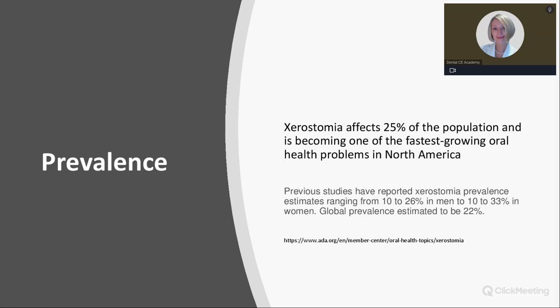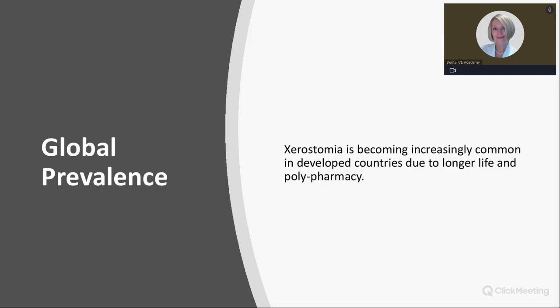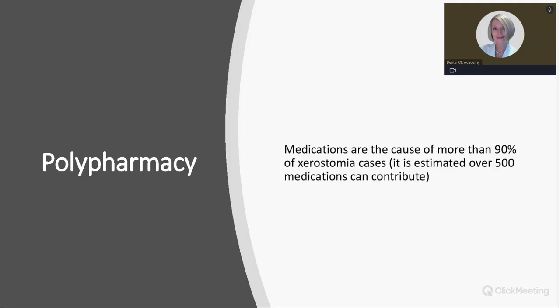All right, prevalence. Xerostomia affects 25% of the population, and is becoming one of the fastest growing oral health problems in North America. It's becoming increasingly common in developed countries. Why? Because we live longer and we may have better access to healthcare as well as medications, polypharmacy.